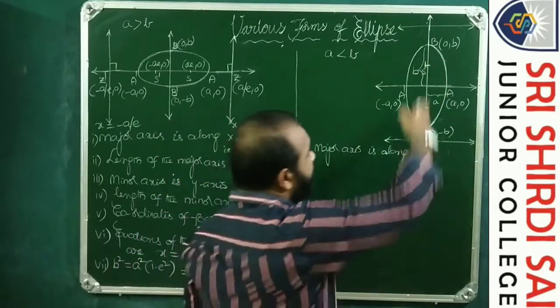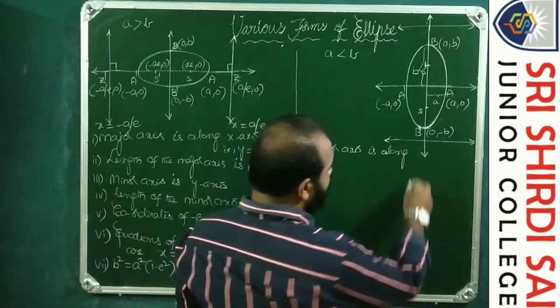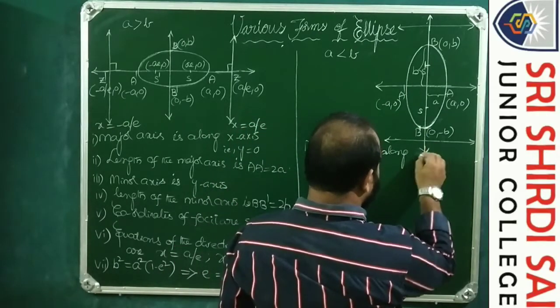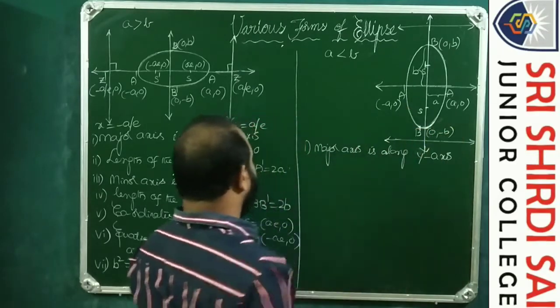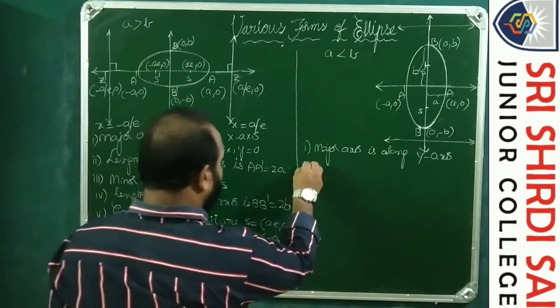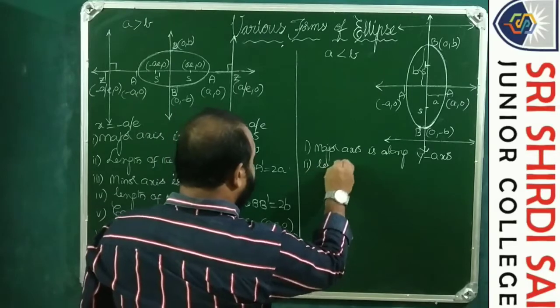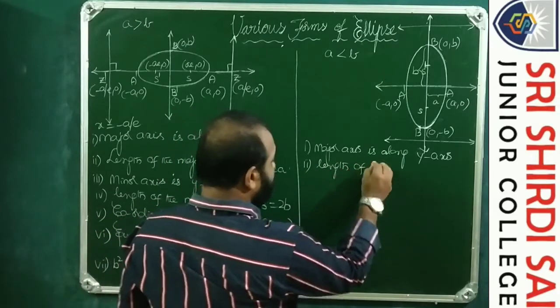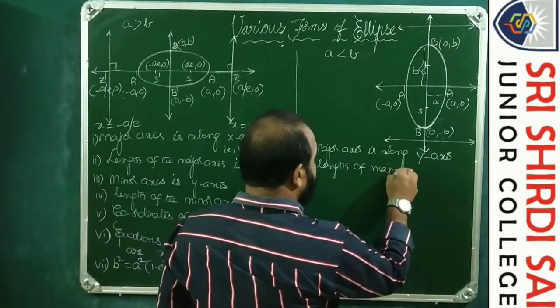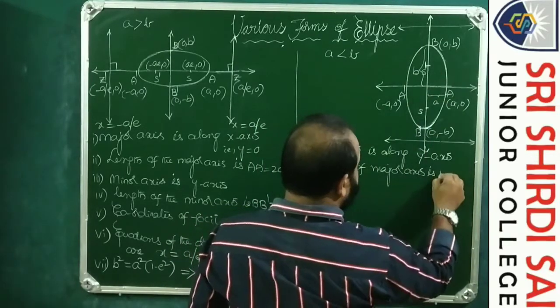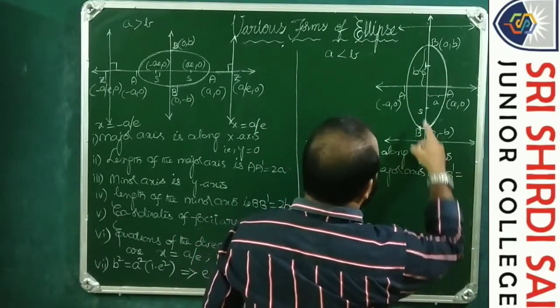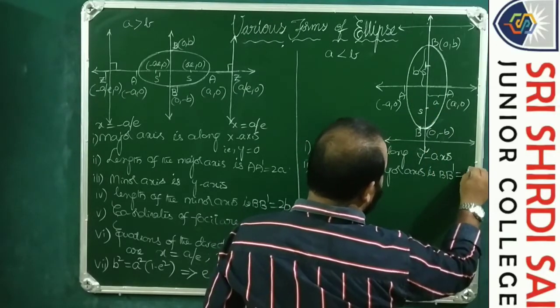That's why the major axis is along the y-axis now, so that is x equals 0. So the length of the major axis BB dash is equal to 2B.